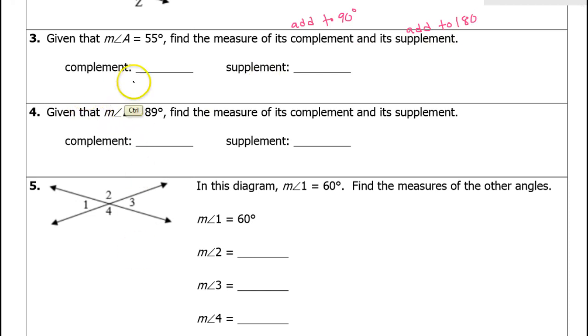So if I want to find the complement of A, I need to do 90 minus angle A. And if I want to do the supplement, I'm going to do 180 minus, and really I should say the measure of angle A. Let me be more precise.